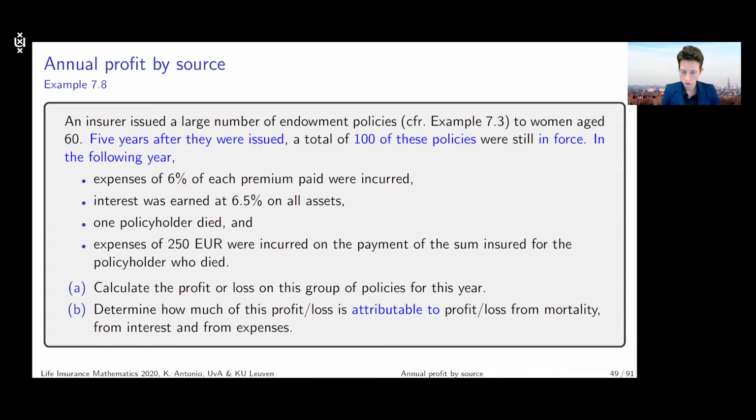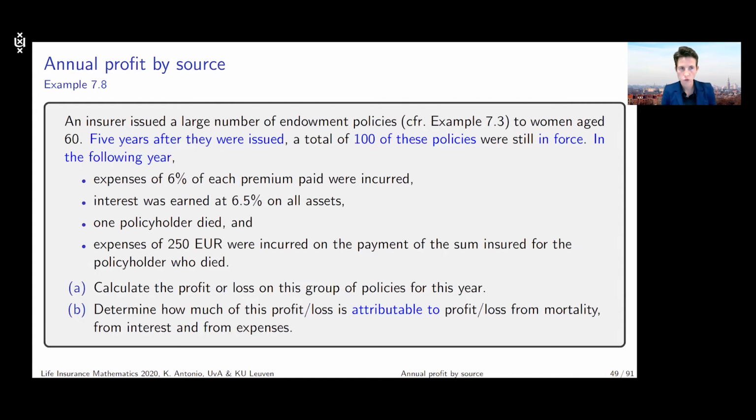So we made certain assumptions there. In example 7.3, we assumed a 5% interest rate, expenses of 10% of the first premium, 5% of the next, and 200 euro expense when we have to pay the sum insured, right?